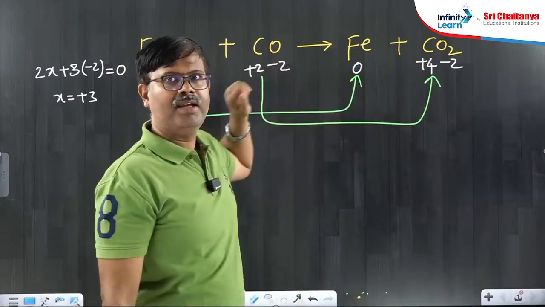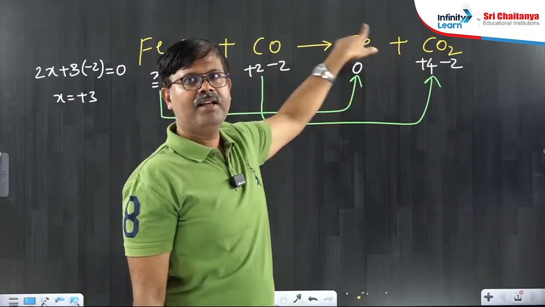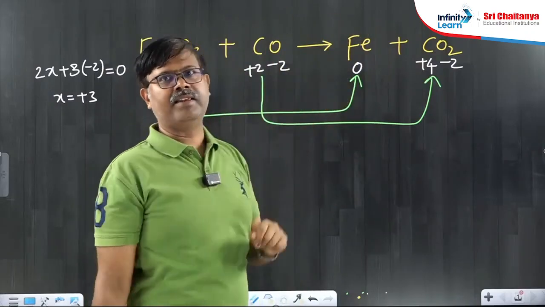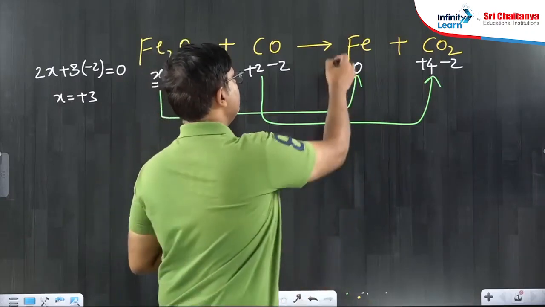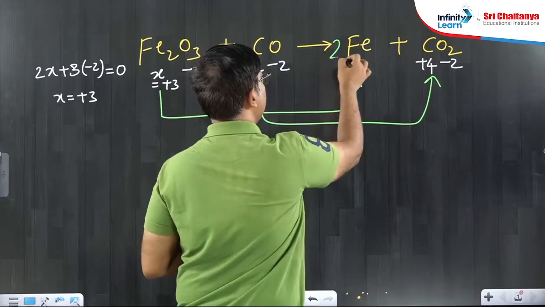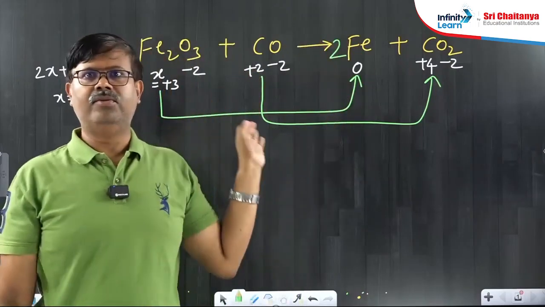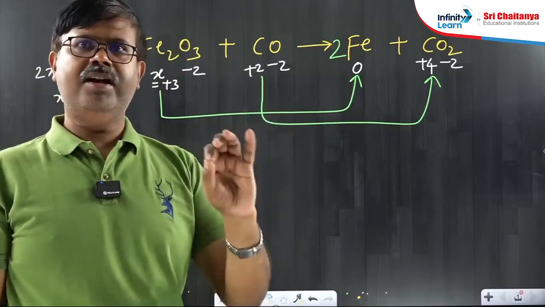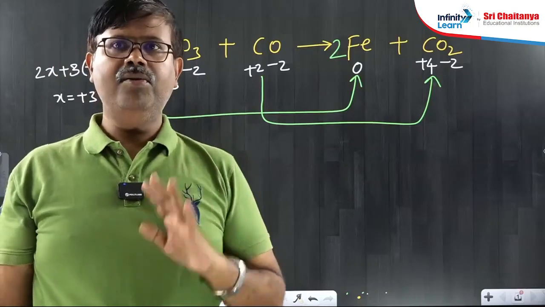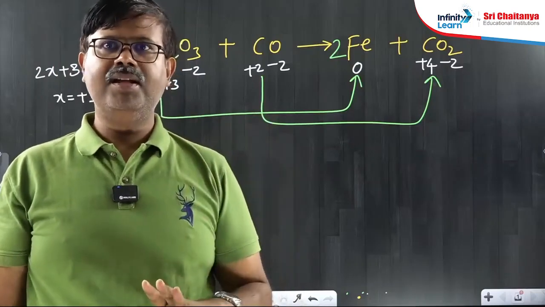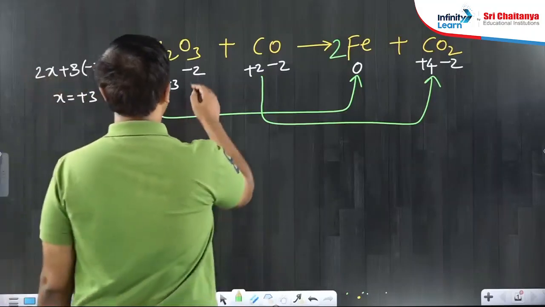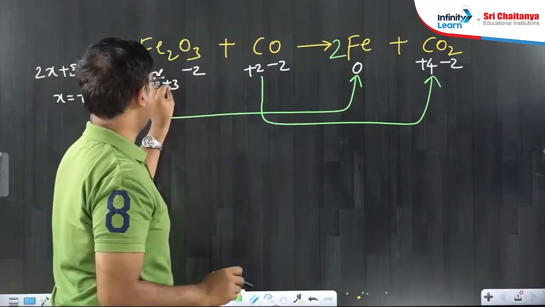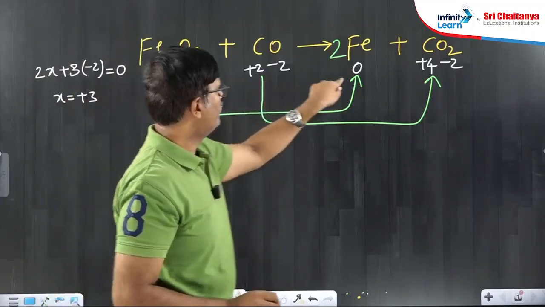But iron, if you see, here one iron is there, but here 2 irons are there. So iron is not balanced. So just balance it. How? Just put the number 2 here. That's it. So the elements which are undergoing change are balanced. Now calculate the total change, ratio and cross multiply. So what is the total change? For one iron atom, +3 to 0.